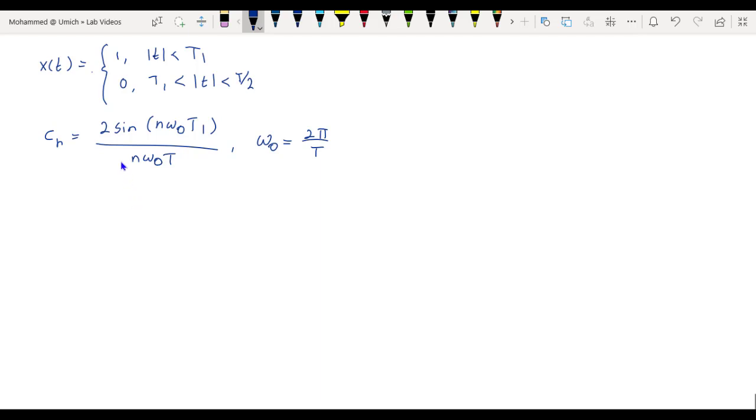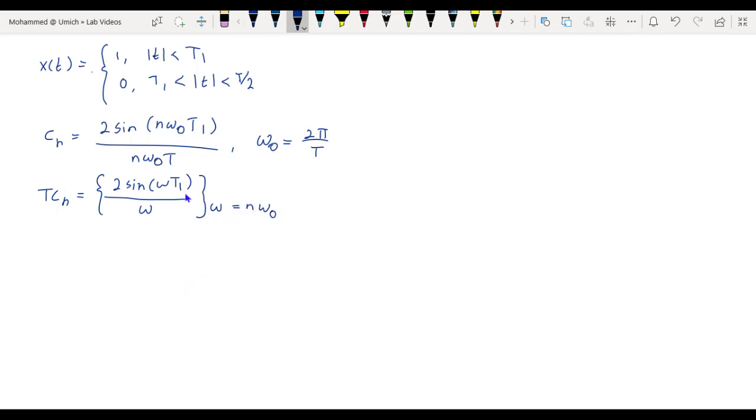Now what we're going to do here is interpret these Fourier series coefficients as samples of an envelope function. So the scaled Fourier series coefficients are T times Cn equals 2 sine of omega t1 over omega, sampled at omega equals n omega naught.